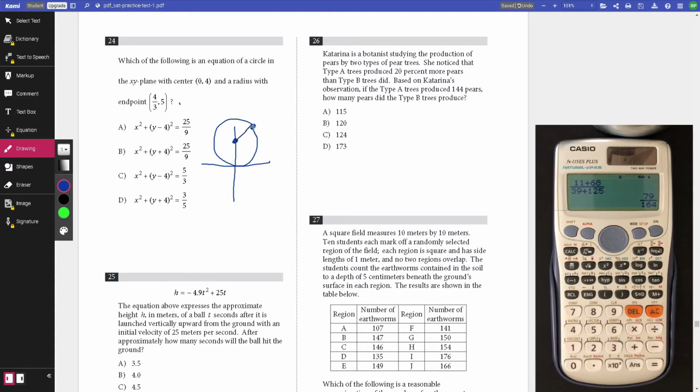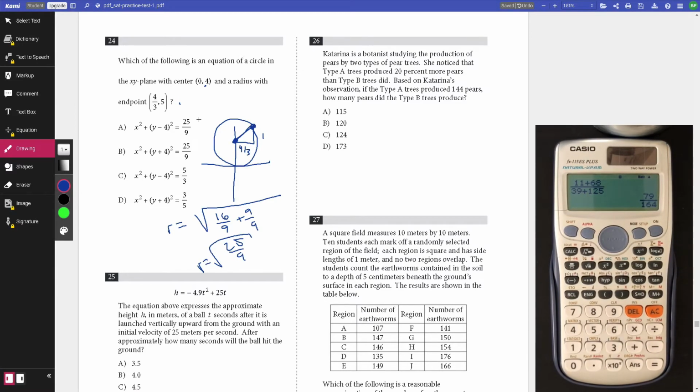So we can use the distance formula. We know that it goes from 4 to 5, so that's 1. And then 0 to 4 over 3 is 4 over 3. And we can use the Pythagorean Theorem, aka the distance formula, to find the radius r. It is the square root of 16 over 9 plus 9 over 9, which is 25 over 9.